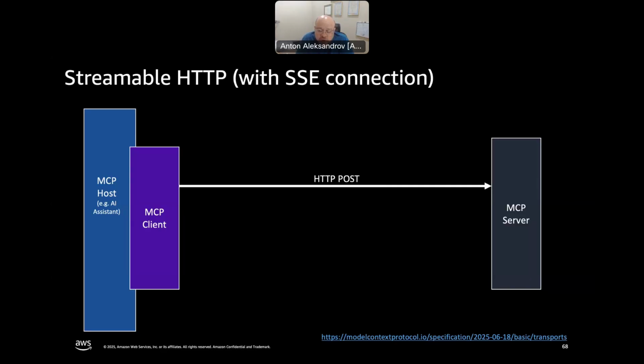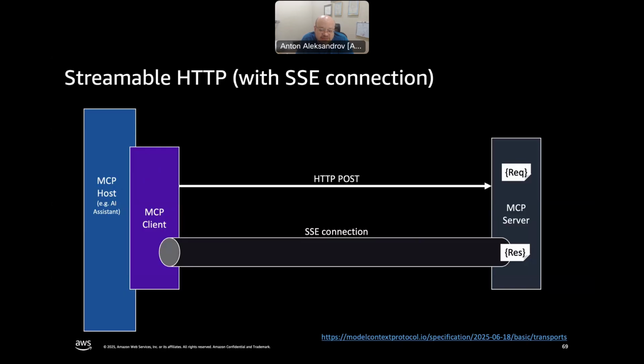So imagine you have your request JSON object, right? An MCP request that you send from client to server using HTTP POST. This is where things start to be interesting. The server will process the request and generate a response. In order to send that response back to the client, the server will, by default, establish an SSE connection with the client.